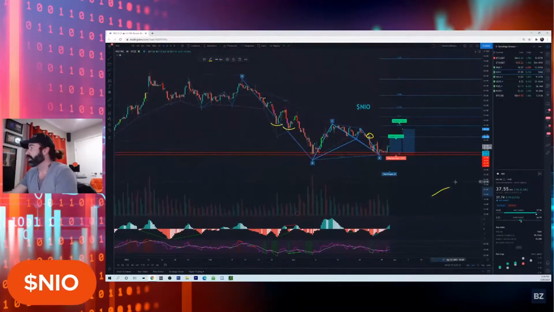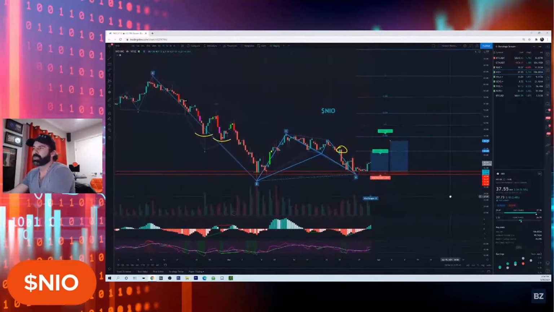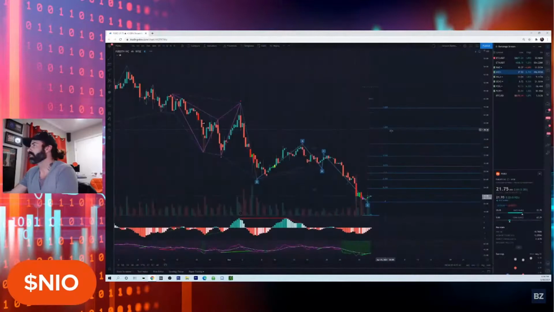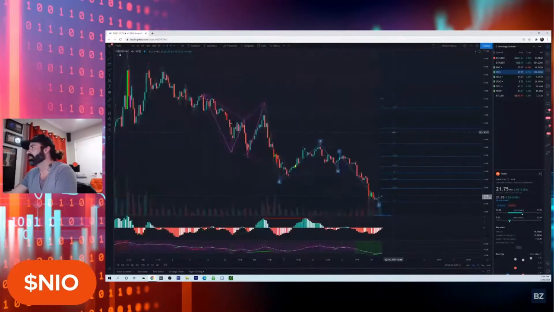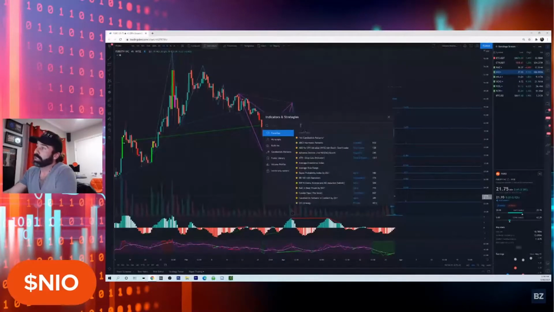Before I start drawing any more weird designs on my chart, let me look at Fubo, because that's one that a couple of you guys brought up, and this is one I don't have charted out. I was in Fubo earlier in the year, I think the end of last year too. So this is going to be new territory to me, but look at this. And mind you, I told you guys, if you want a harmonic scanner, go to the indicator strategy on TradingView on Benzinga Pro, which I'd fully recommend, by the way.